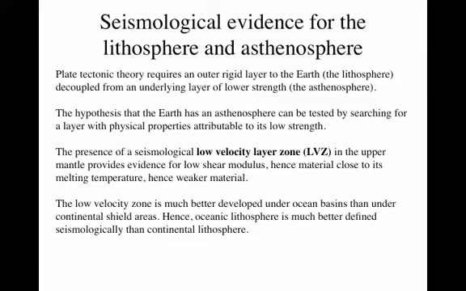The presence of this low velocity zone, a seismological low velocity zone in the upper mantle, provides evidence for a low shear modulus, and that's material that's close to its melting temperature, so it's weaker. The low velocity zone is much better developed under the ocean basins than under the continental shields. So oceanic lithosphere is better defined seismologically than the continental lithosphere.